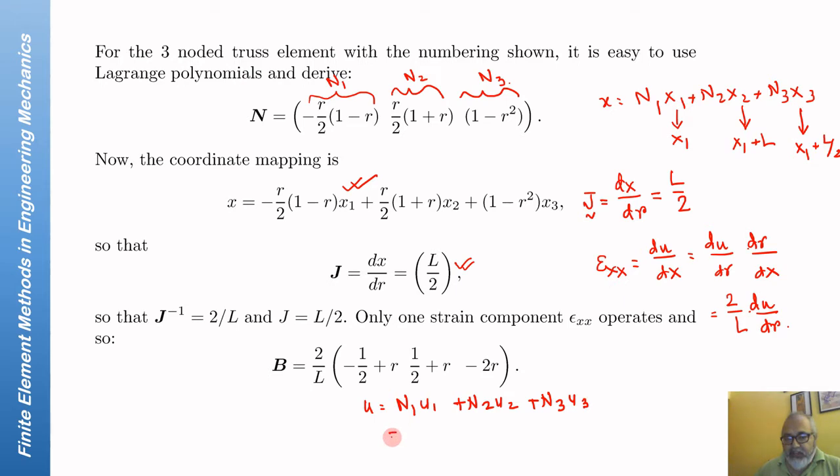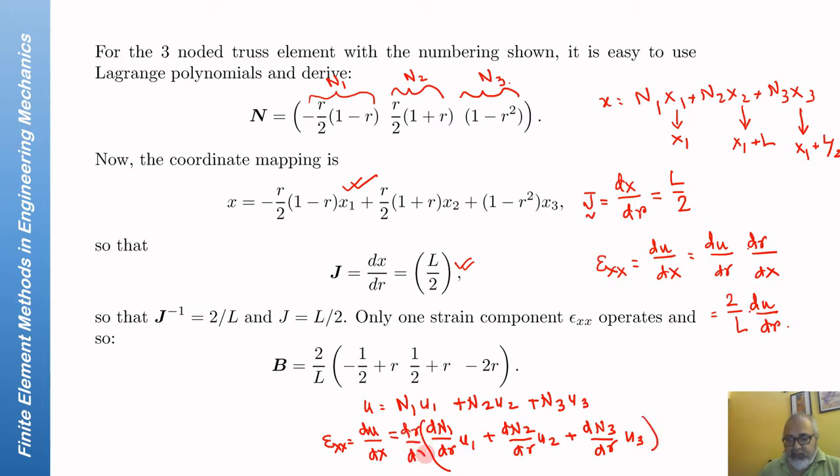which means that du dx, which is epsilon xx, will be given by dN1 dr u1 plus dN2 dr u2 plus dN3 dr u3, and this whole thing multiplied with dr dx.